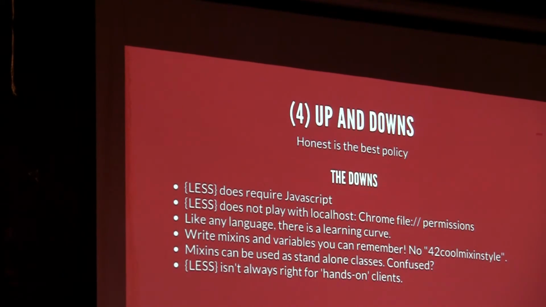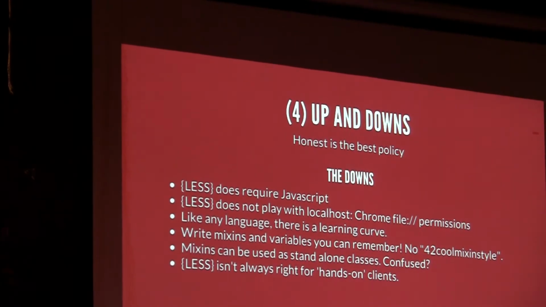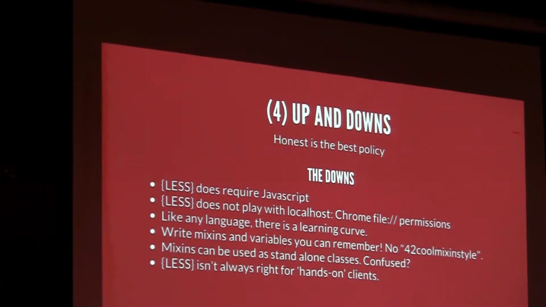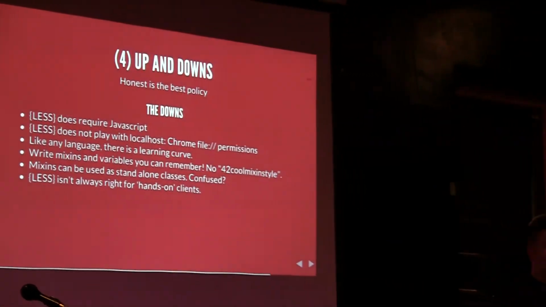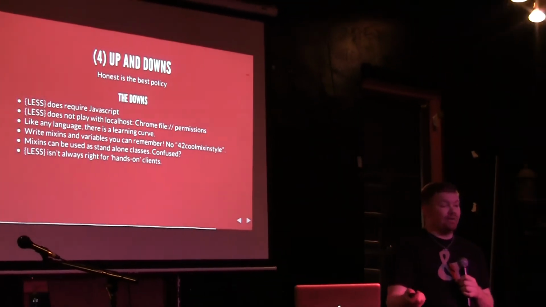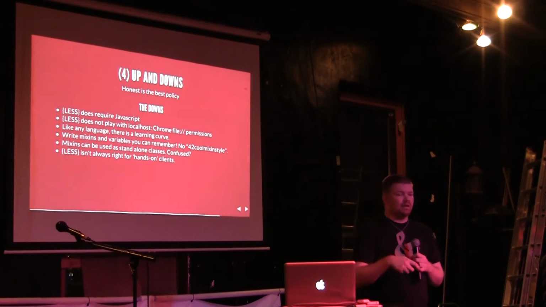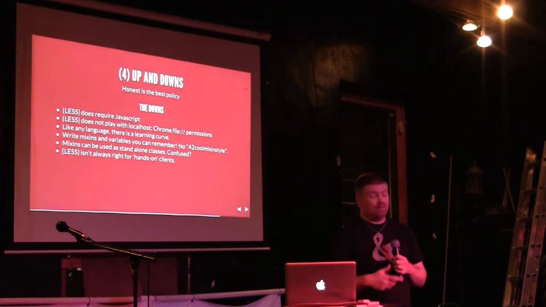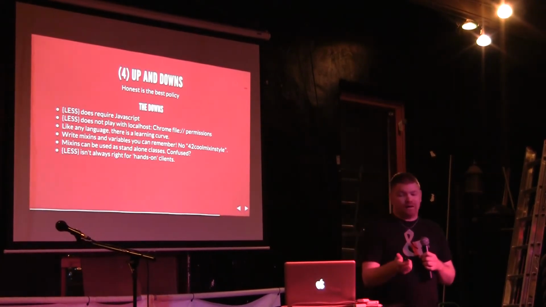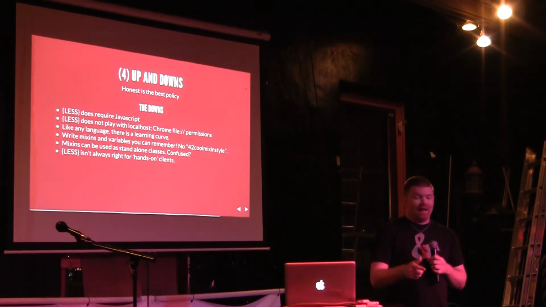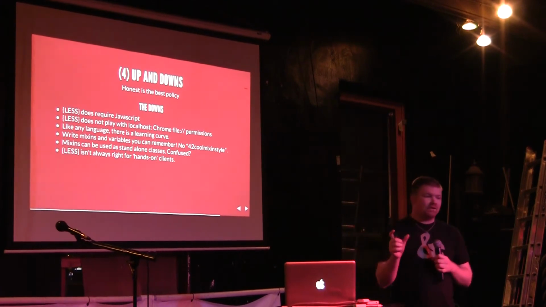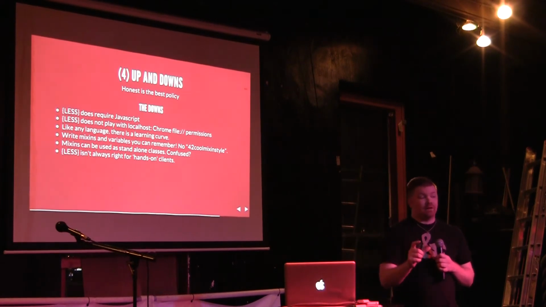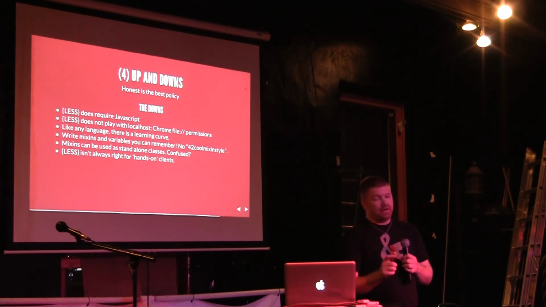The next little note is that it's a known bug, but Less does not play well on localhost. So if you're trying to pull up an index file using the actual file directory versus using MAMP or maybe even, haven't tested it on Windows, but probably WAMP as well. If you're calling up that index.html and that references the Less JavaScript file, that's actually not going to render for you.